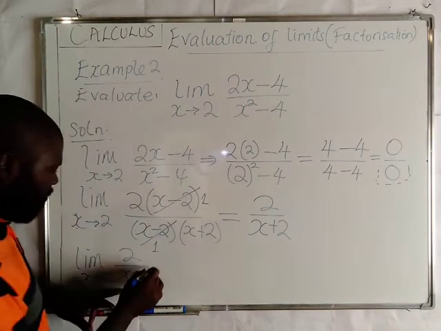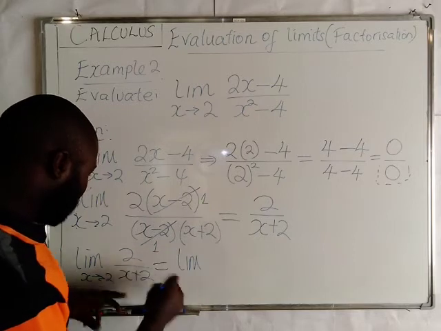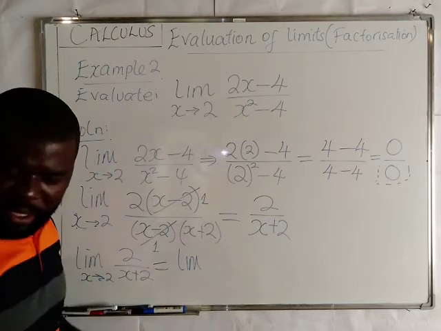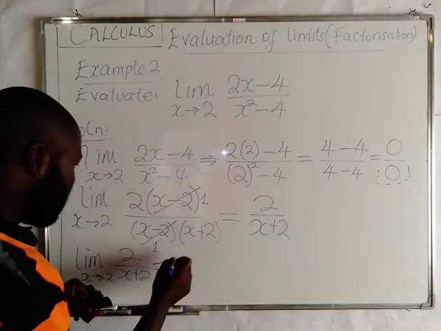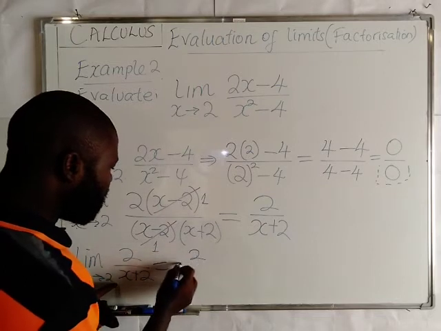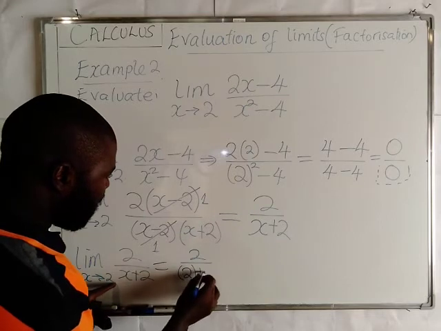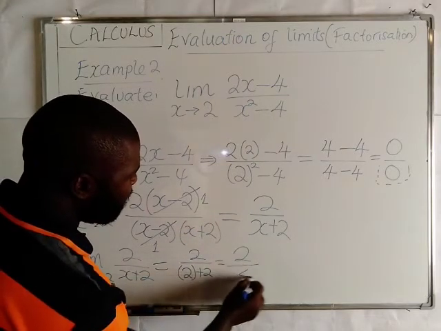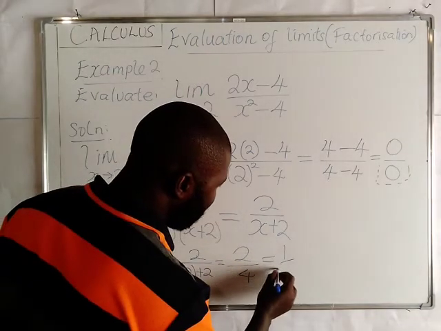So we are just supposed to substitute here, so that we have 2 over 2 plus 2, which gives us 2 over 4, which finally gets to 1 over 2.